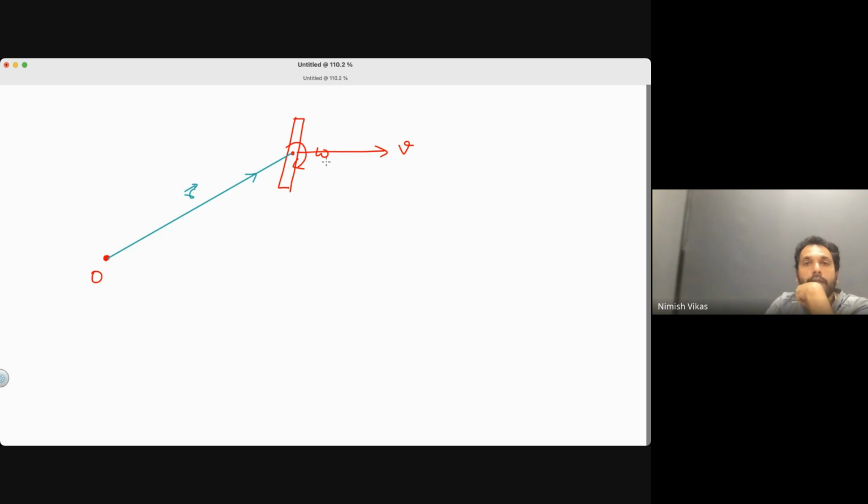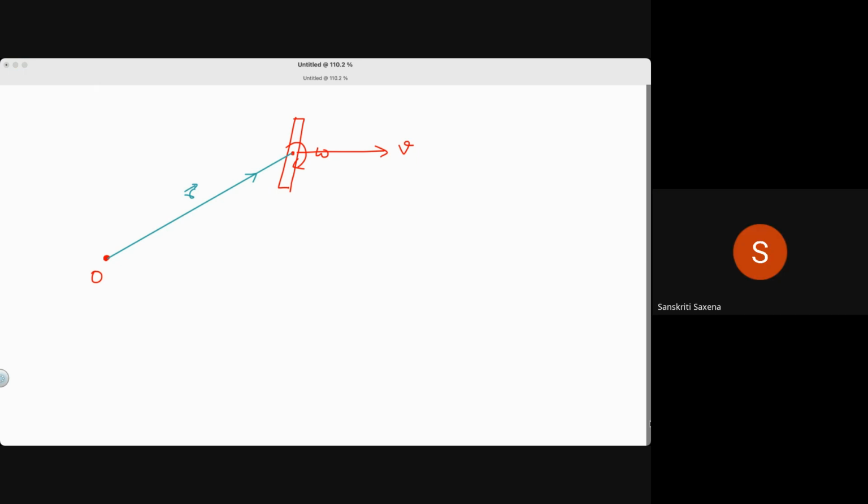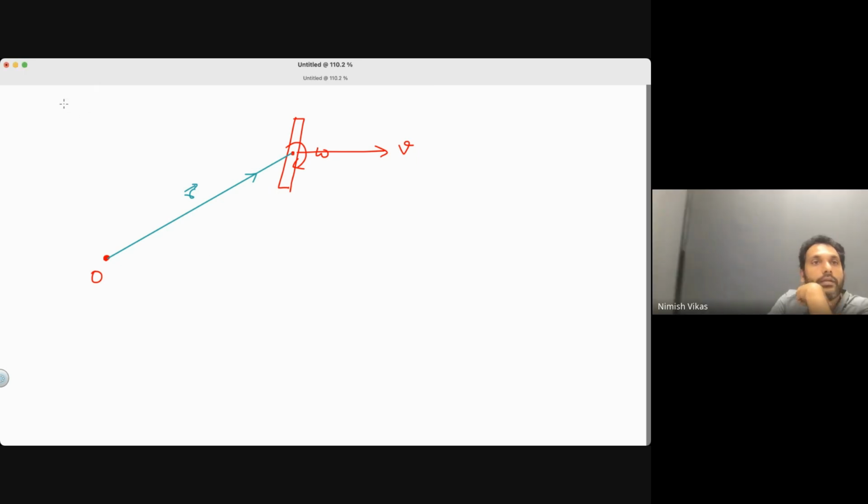So what is angular momentum? Anybody tell me? As with all other formulas in rotational motion, you don't even think that the body was a rod or something. You just think that the body was a point mass over here, and one is asking the angular momentum of that point mass going with v velocity from the point O, r distance away.